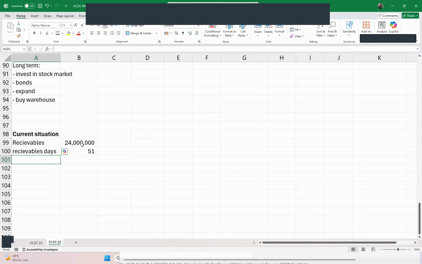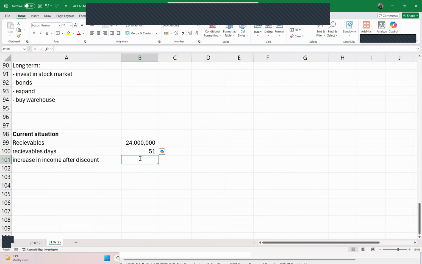So we shall increase. So the increase in income after discount will be 20%, which will become 28.8. This 28.8 is the increased income, not the increase in income. That's the new income.